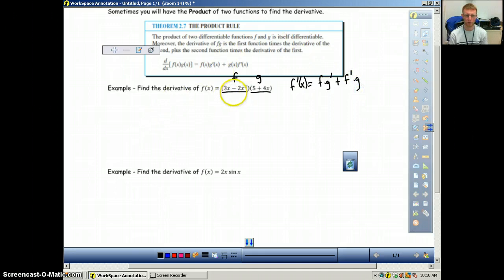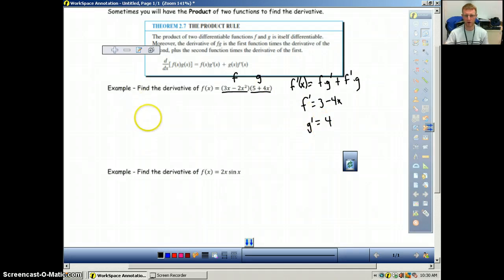So what we'll do is we will take the derivative of these individually. So we know what our f is, we know what our g is. We can do our f prime as being 3 minus 4x. Our g prime is equal to 4, because the derivative of 5 plus 4x is just 4.